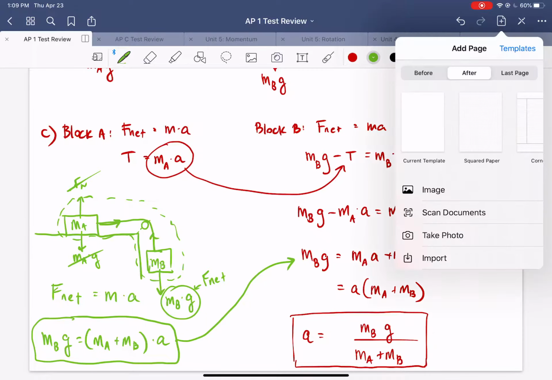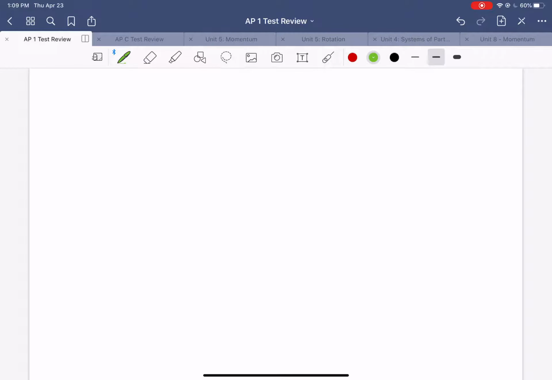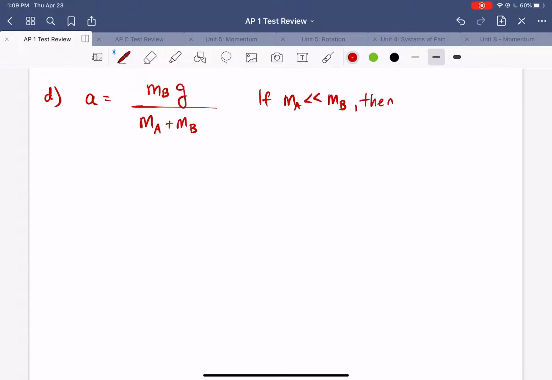All right, let me actually copy this to a new page. So our acceleration is m_b g divided by m_a plus m_b. So if m_a is really, really small compared to m_b, then the sum m_a plus m_b is not going to be much different from just m_b. If you want to see this more clearly, put specific numbers in here.